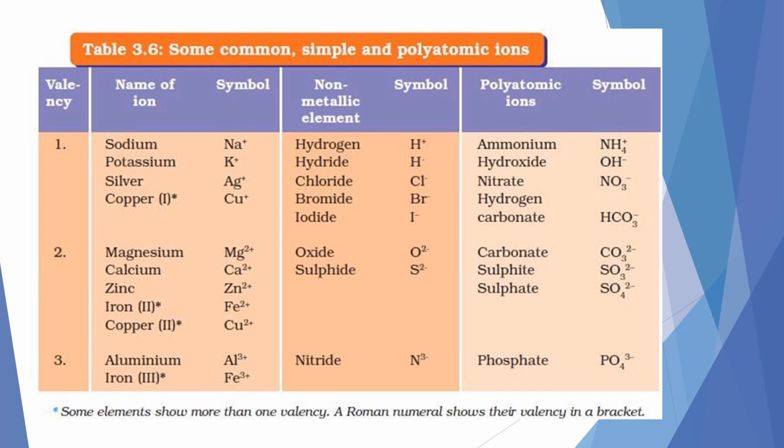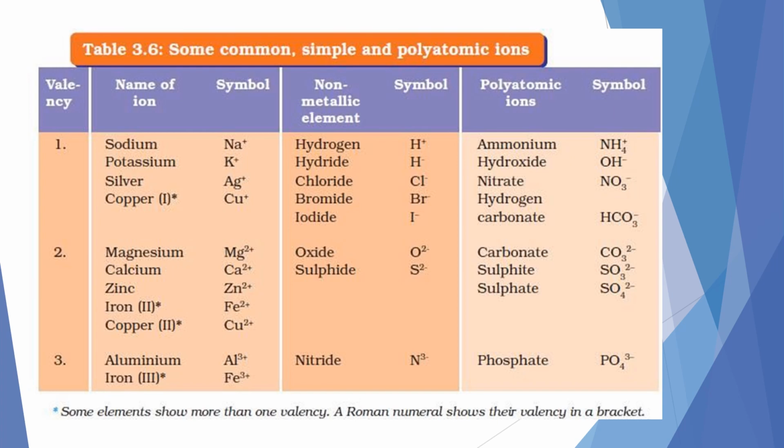And in the next column we have to study polyatomic ions. What is the meaning of poly? Many. Many atoms join together, but it is an ion. In this case, sodium is one atom, hydrogen is one atom. But polyatomic means many atoms, but they form an ion.